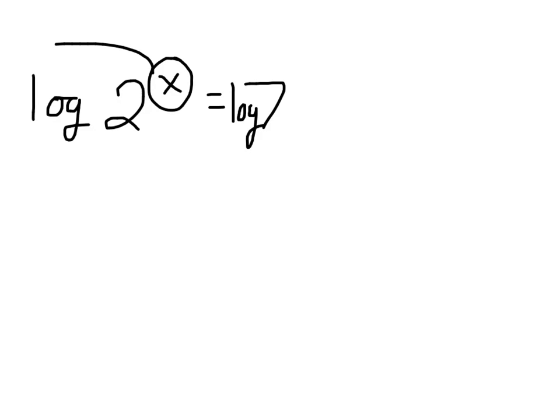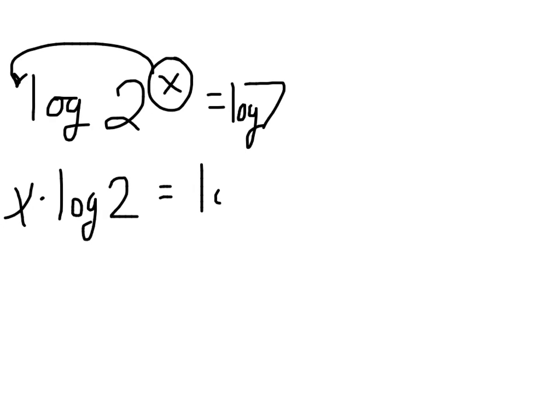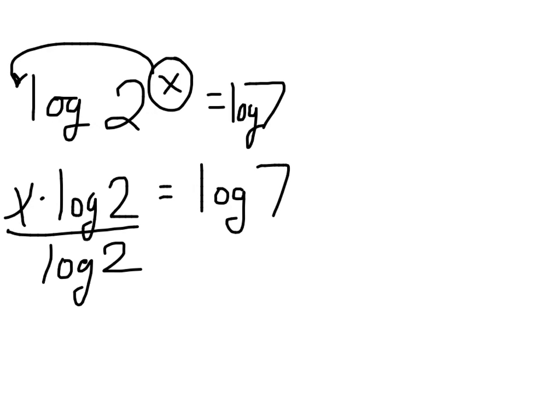In the front. So now that's x times the log of 2 equals the log of 7. And how do you solve for x? Divide, because in order to get rid of multiply, you divide. So you divide by the log of 2.